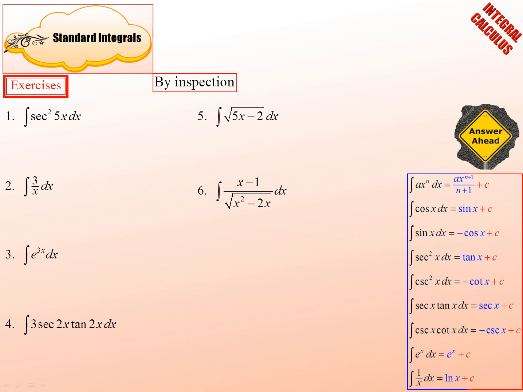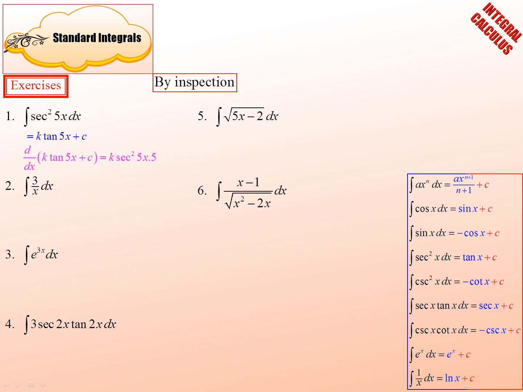There are some exercises to try. In number 1, sec squared 5x, well, we have sec squared, it's tan, so related to tan 5x, so I'll make it k tan 5x, differentiate, and compare that to what we were differentiating there, so 5k is the same as 1.